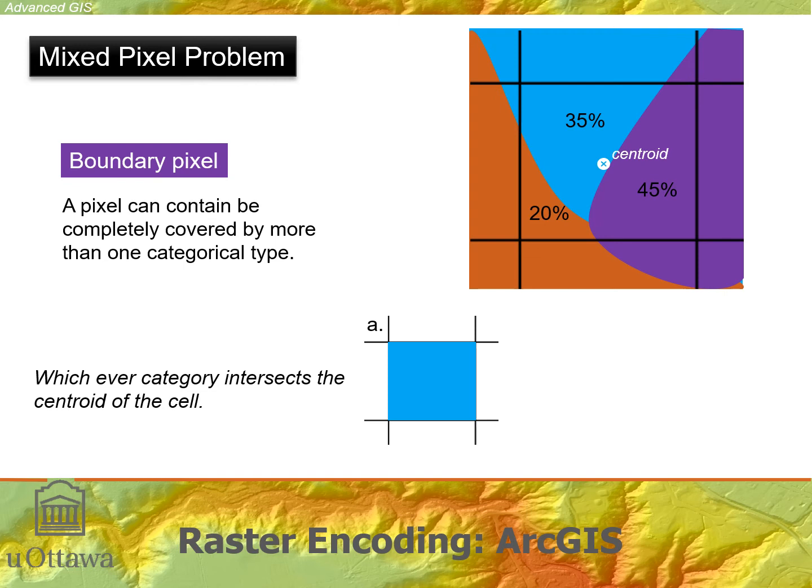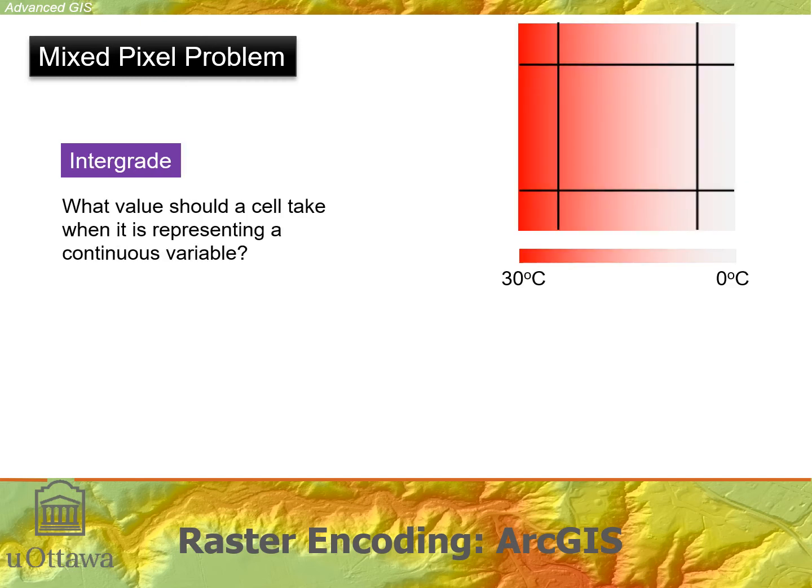And so you might add more weight to this orange area, that could possibly bring it up above 45% in effect to have the cell represented as orange. And that's a more advanced way of thinking. That's called weighting the different classes. And you have to have some a priori knowledge in order to do that. But generally, we would use the largest share rule here, like we do in the case when we have two discrete objects within the cell.